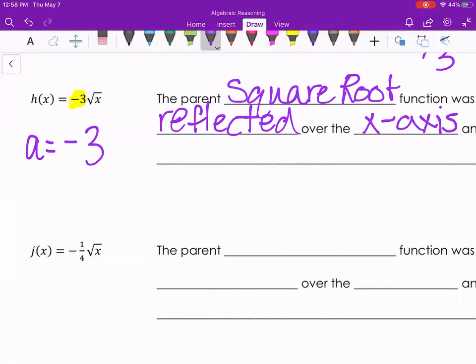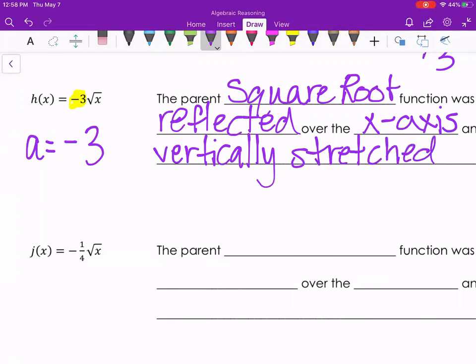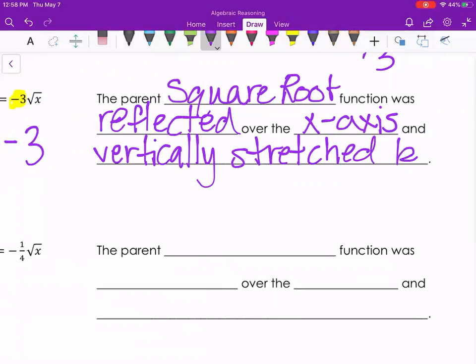And then 3 for -3, 3 is bigger than 1, so this is vertically stretched by whatever that number was, so by 3.